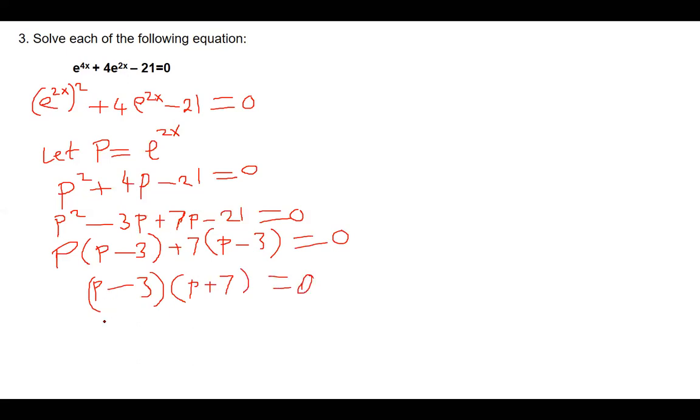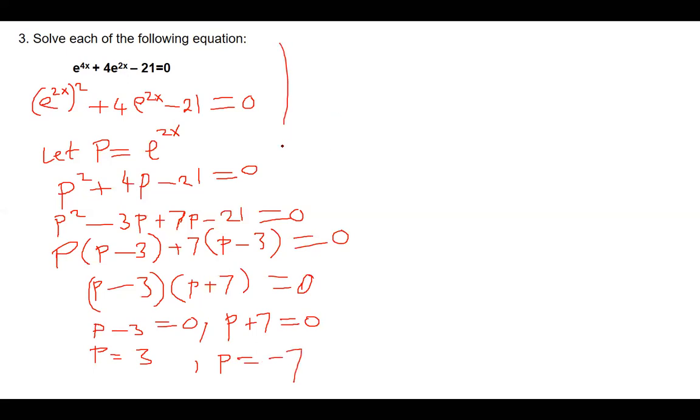So when we equate this p minus 3 to 0, and we also equate the p plus 7 to 0, the first p that we're going to have is p is equal to positive 3, and the other p is equal to negative 7.